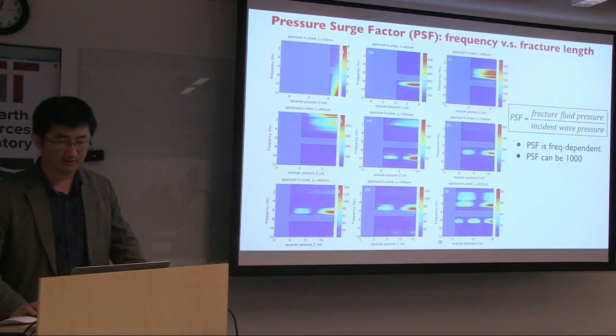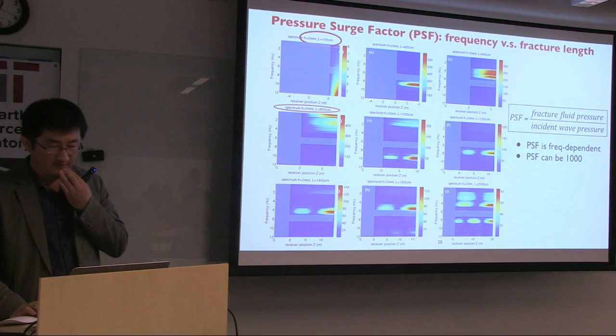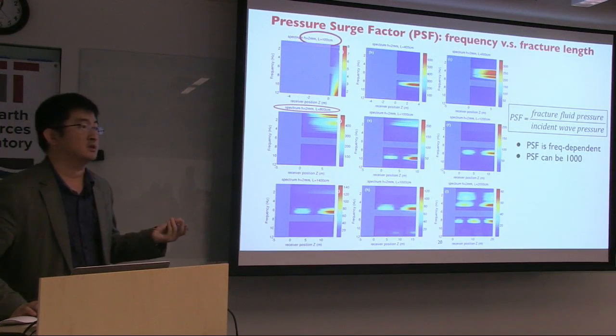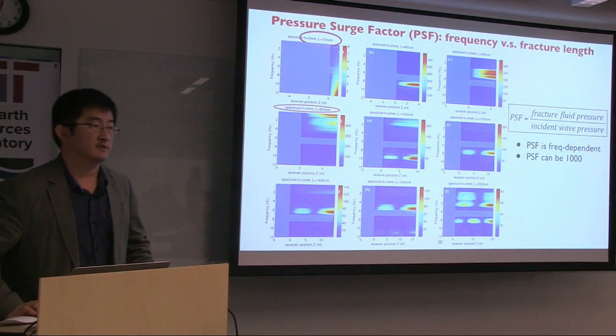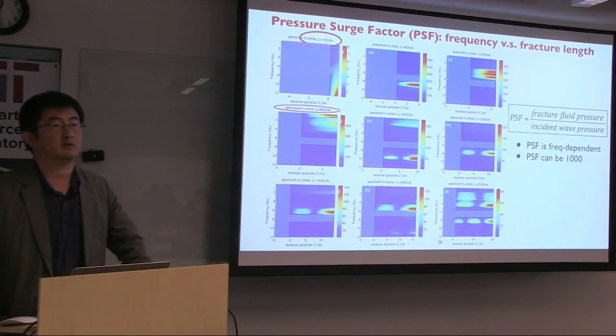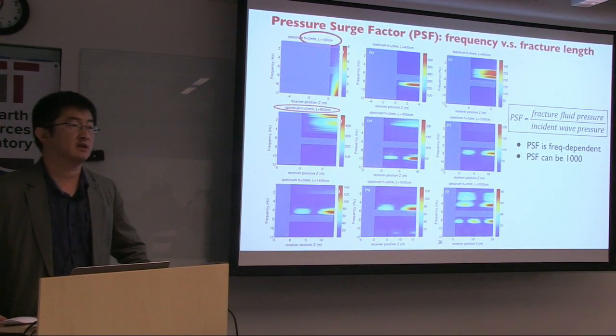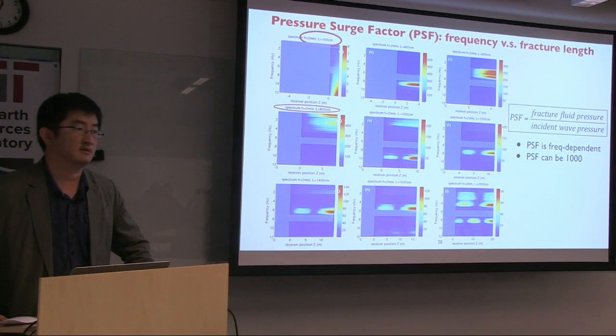Very small magnification. So the magnification factor depends on the geometry. Clearly, it depends on geometry and depends on frequency very sensitively. So if you turn the problem around, if I get a frequency response of the fracture, I can tell you the fracture size and the geometry.